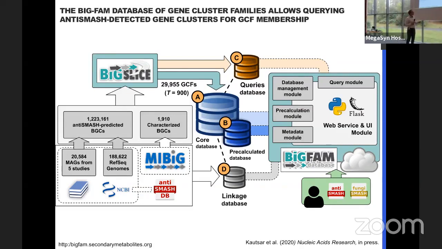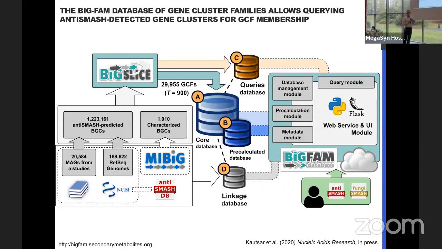And what makes this really usable as well is that if you have your favorite gene clusters that you detect using antiSMASH or fungiSMASH, you can actually query your gene cluster to the BiG-FAM database, and using the same vectorization, BiG-FAM will assign your gene cluster to the nearest gene cluster family.